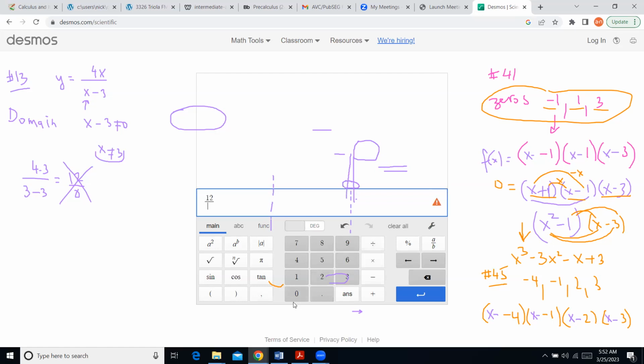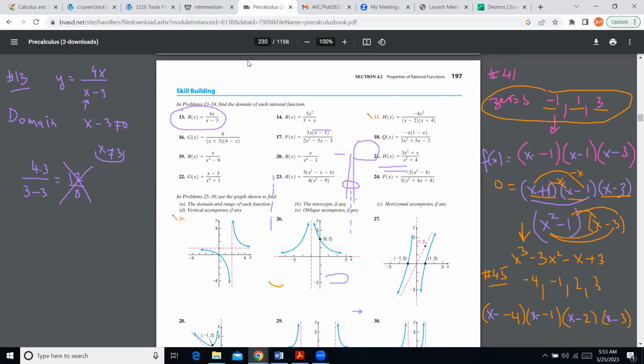And if you try to divide number 12 by 0, you see what happens? The calculator doesn't like it. It's undefined. So it turns out that this means that we are not allowed to divide by 0.